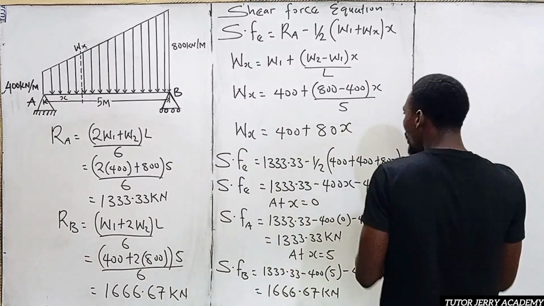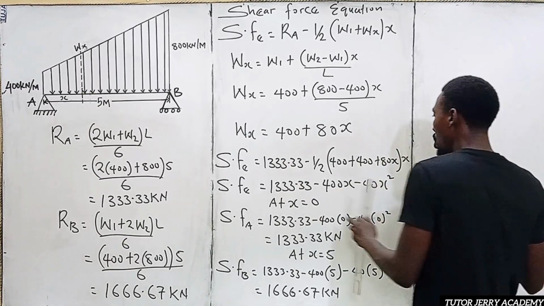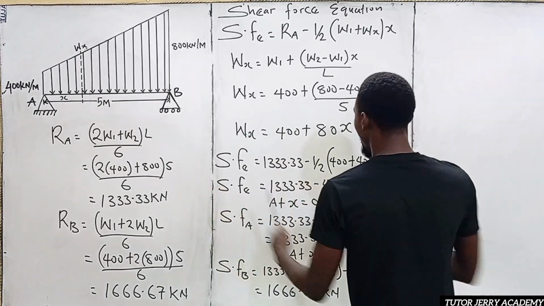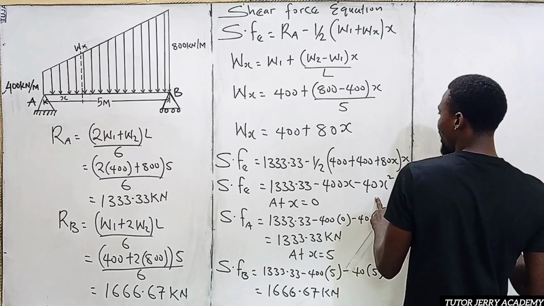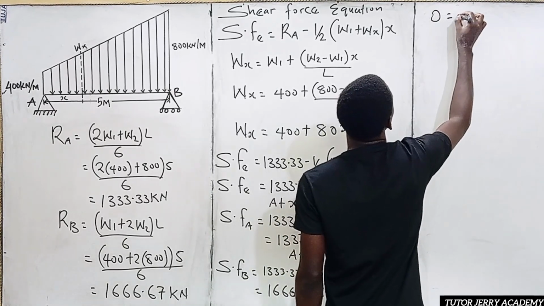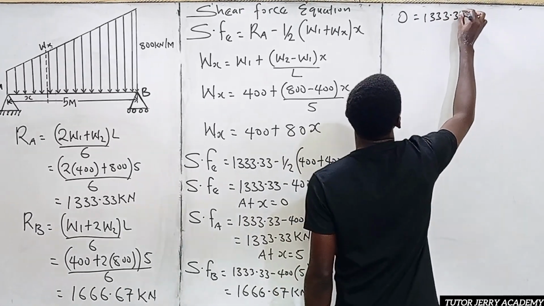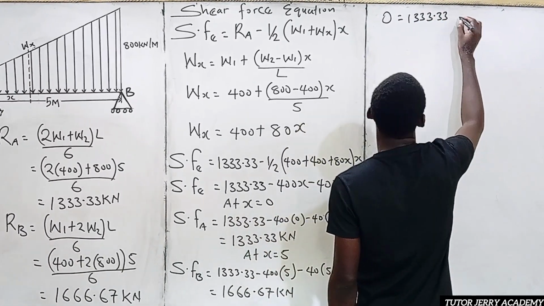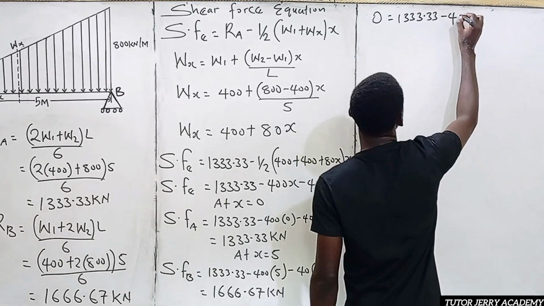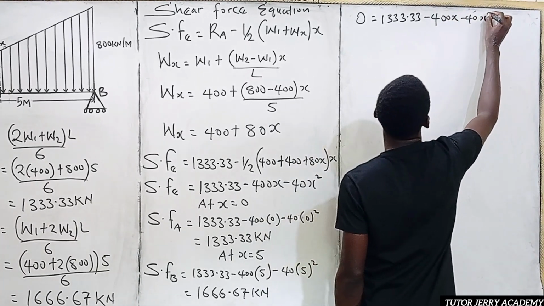So now we equate this equation to 0. We can rewrite it as 0 equals 1333.33 minus 400s minus 40s squared.